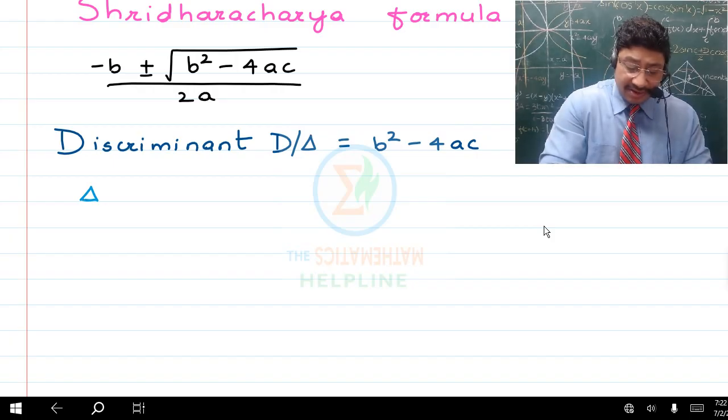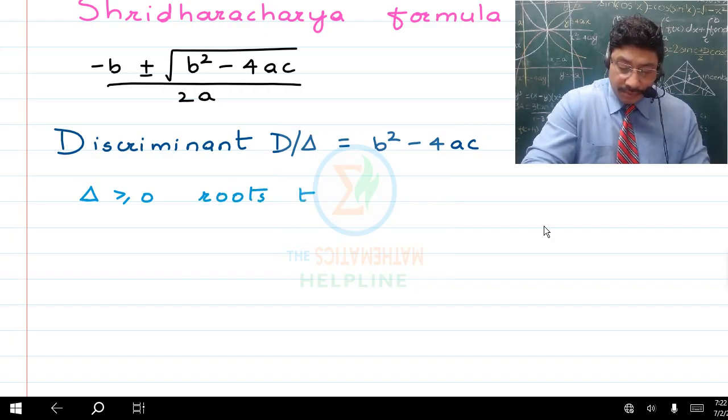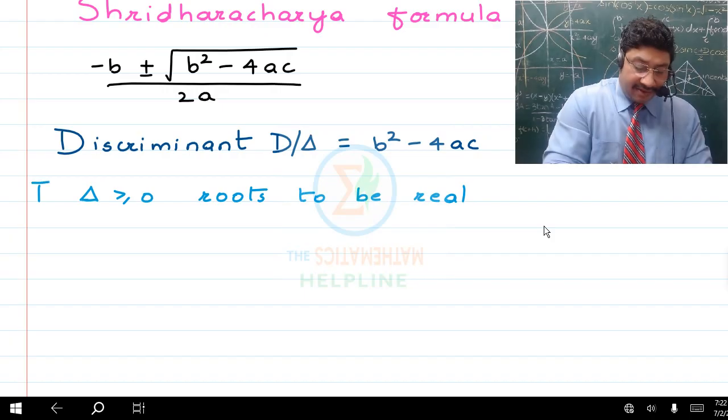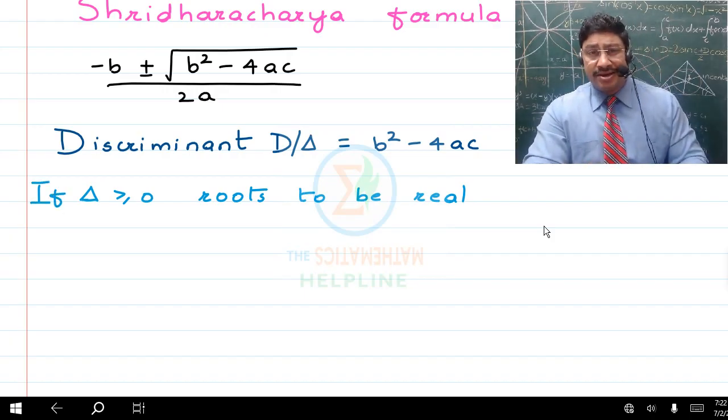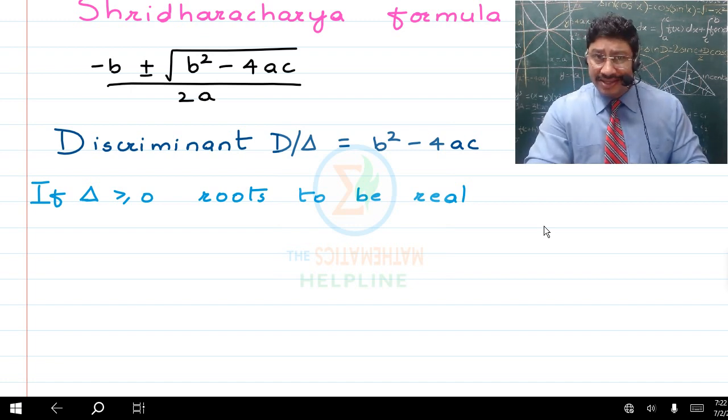If delta is greater than or equal to 0, then we have the roots to be real, right? So if our delta, that is the discriminant, is greater than or equal to 0, like a number 4 or probably a number 0, then for sure the roots are going to be real.